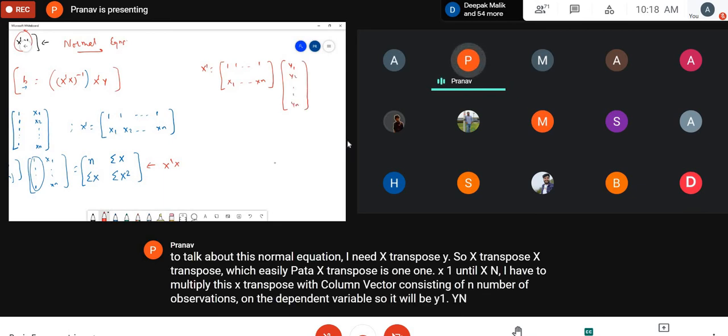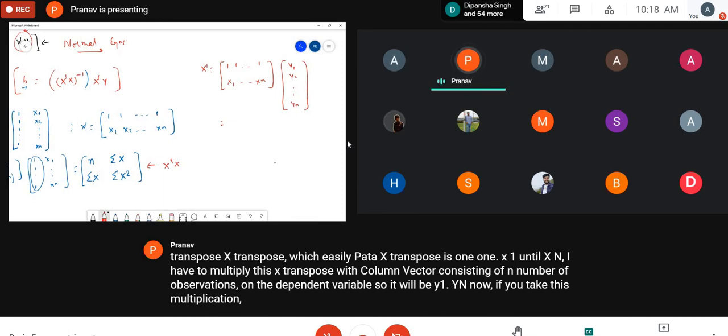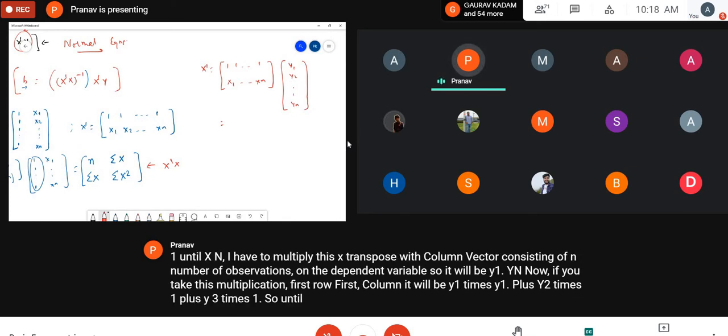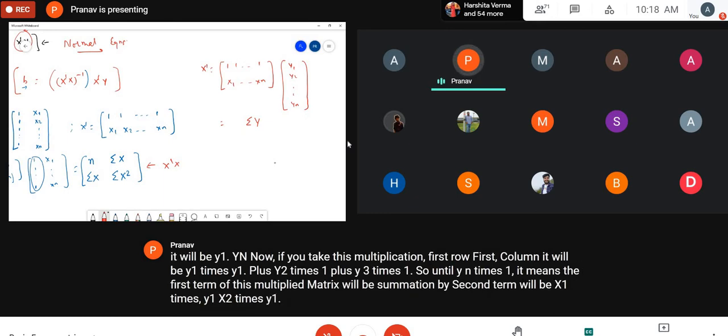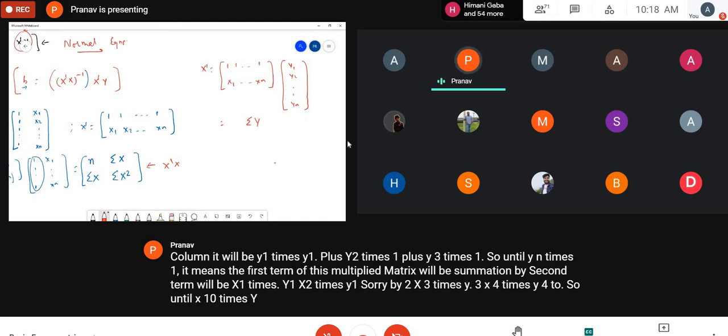Now if you take this multiplication, first row, first column, it will be y1 times 1 plus y2 times 1 plus y3 times 1, so on till yn times 1. It means the first term of this multiplied matrix will be summation y. Second term will be x1 times y1, x2 times y2, x3 times y3, x4 times y4, so on till xn times yn. It means the second element will be summation xy.